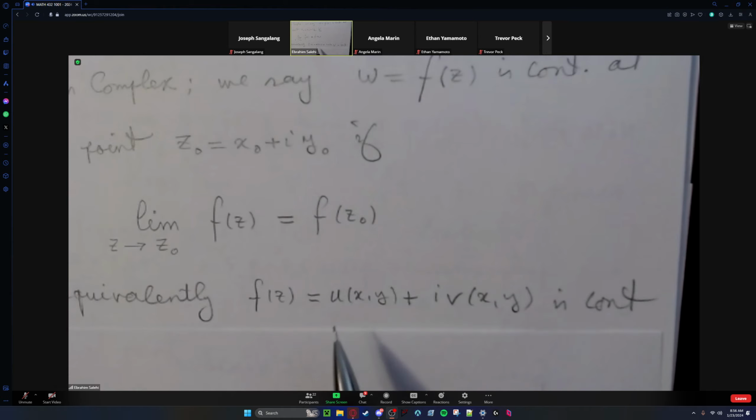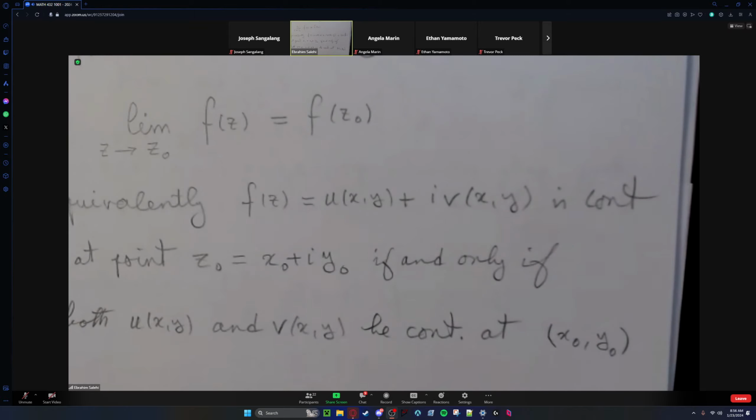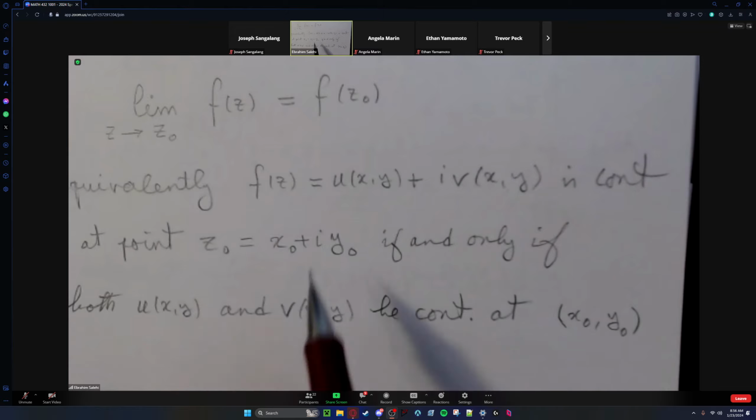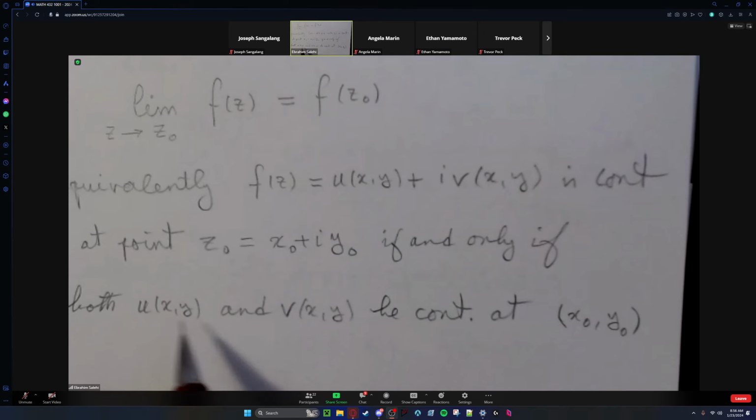If you want to talk about continuity of this function, you examine the continuity of u and v. That's it. All right. Okay. So here is the beautiful fact. This function is continuous at this point if and only if both the real part and the imaginary part are continuous at that point. Done. Okay.